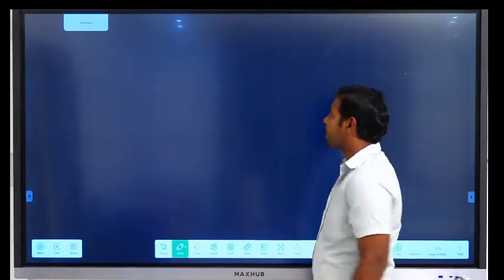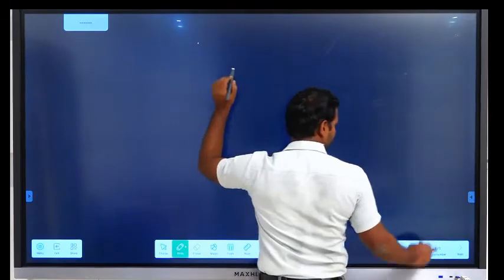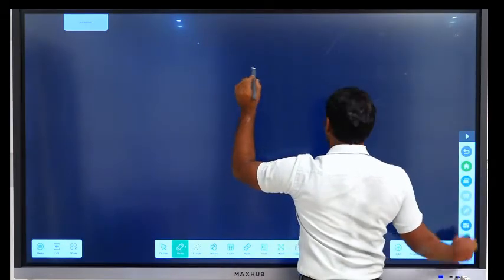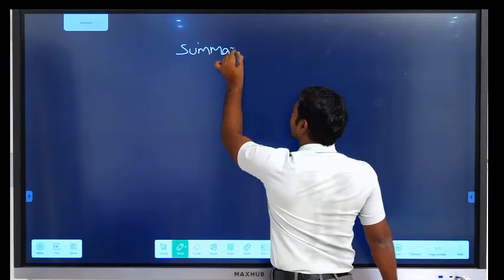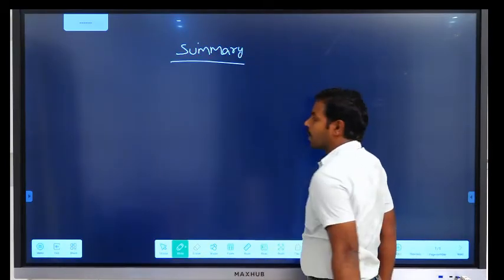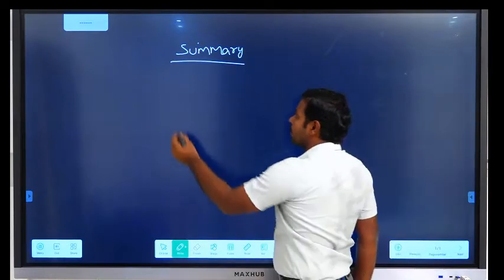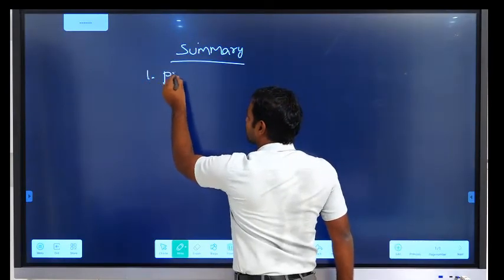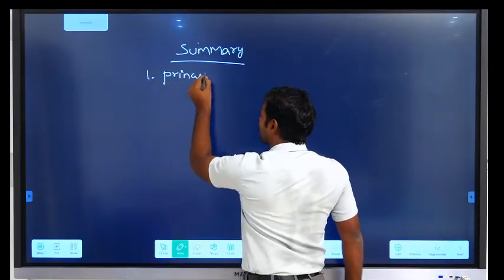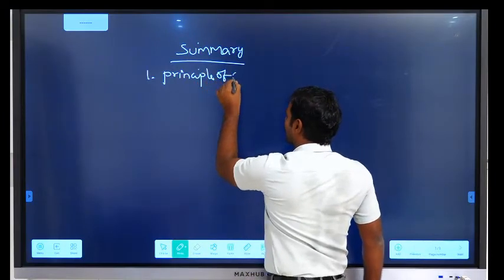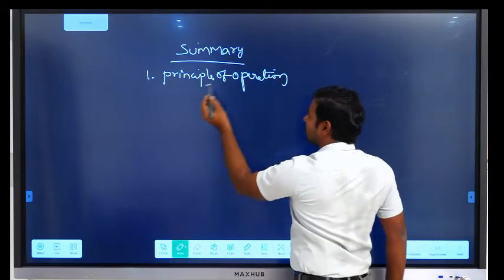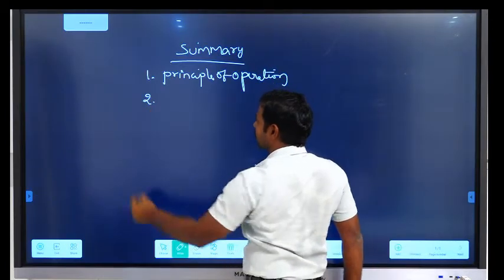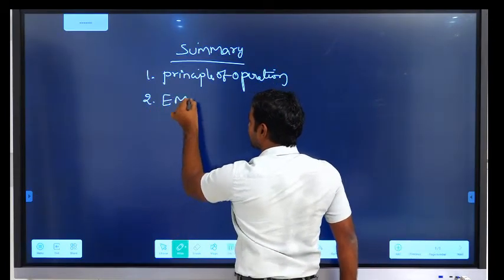Today's class: first one is the principle of operation. Second one is the EMF equation.